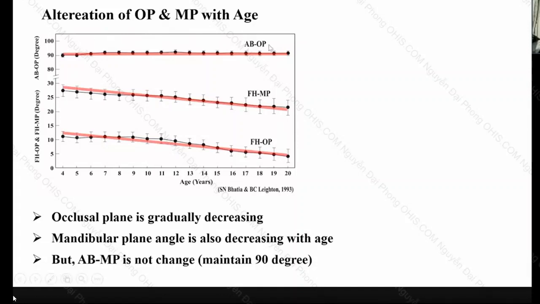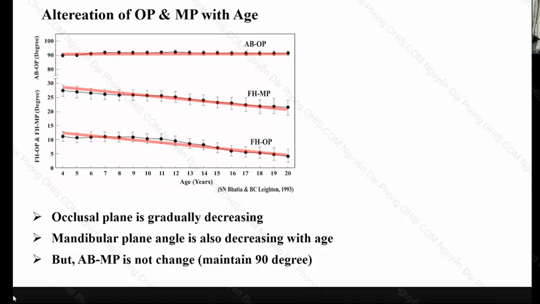Even if the occlusal plane is changing, the ABOP is always about 90 degrees. Because the mandible is anteriorly rotated, but at the same time slowly coming forward.